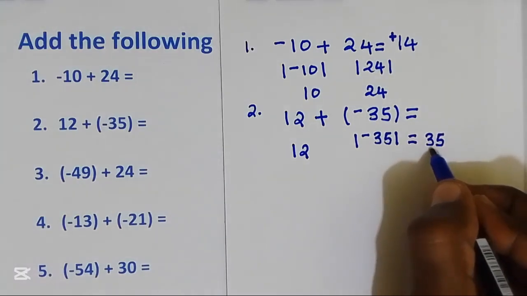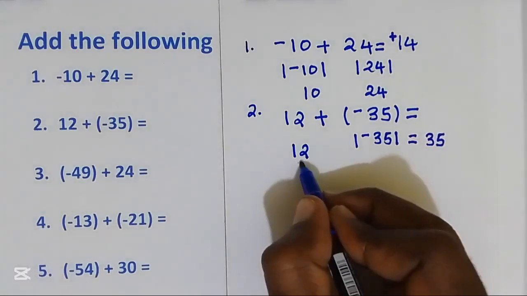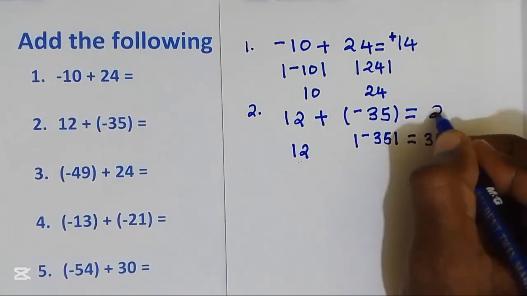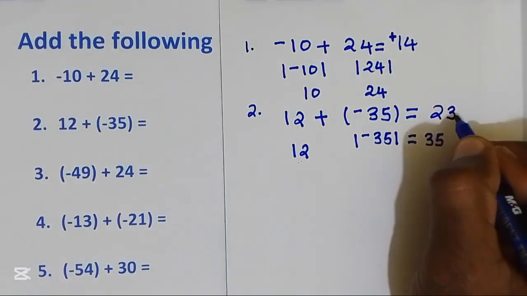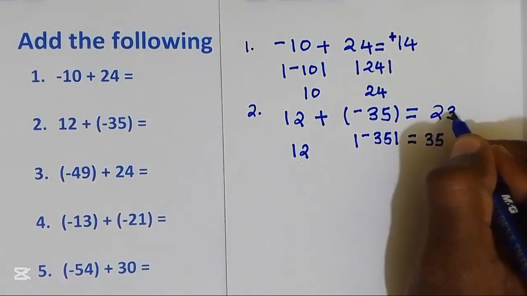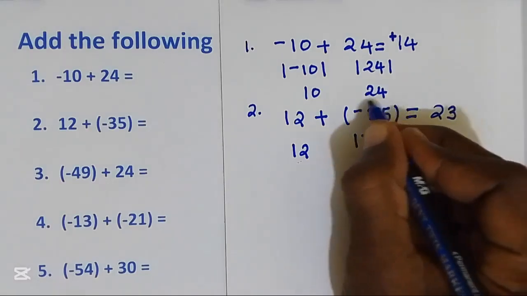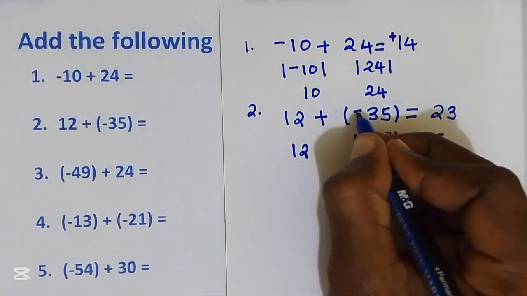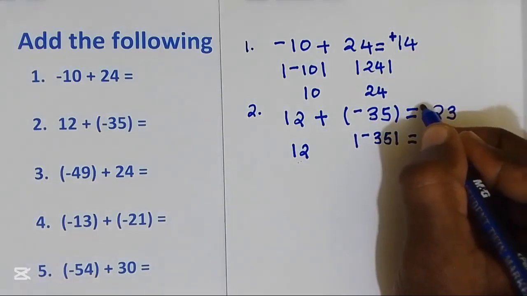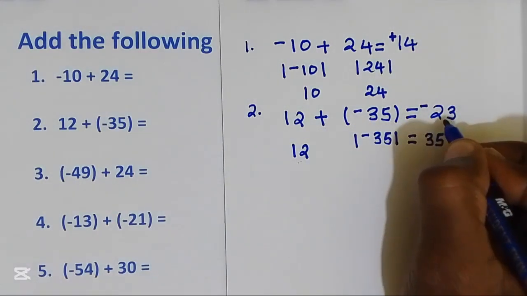We'll take the difference between 35 and 12, we will get 23, but 23 is going to carry negative because the highest number carries the negative sign. So we are going to have negative 23.